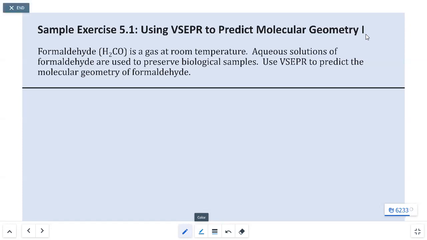The Lewis structure for formaldehyde is as follows. I won't walk you through the entire process, but in the end, we're going to have a carbon double bonded to an oxygen and 2 hydrogen atoms around it.